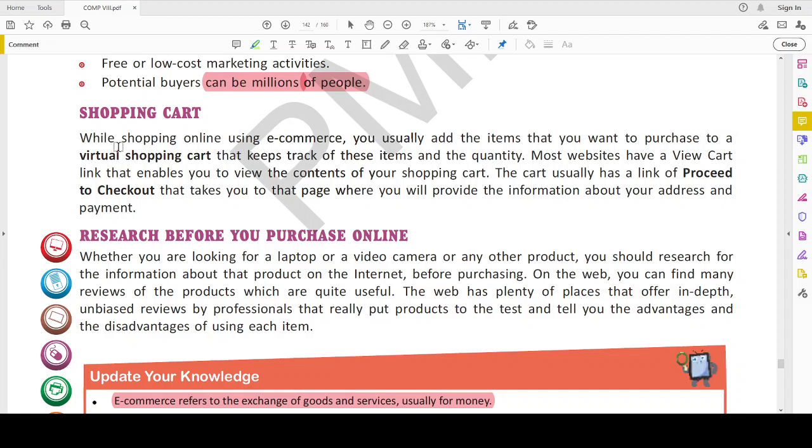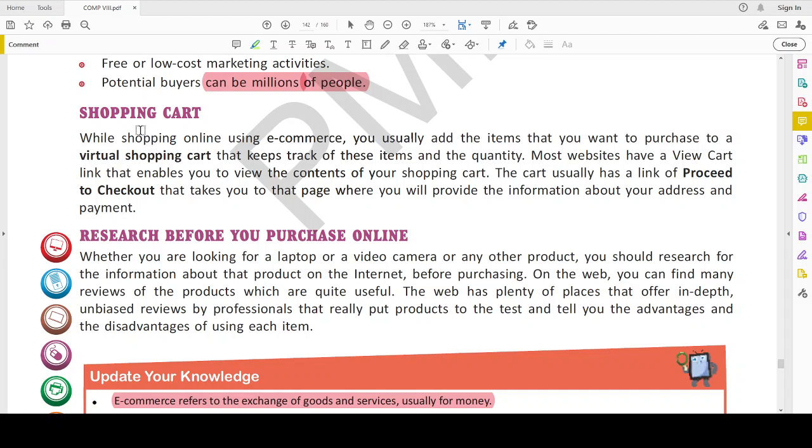What is a shopping cart? While shopping online, we select some products from the e-retailer's front or the website. We select the items that we want to buy and that are added to a bag. Remember, while going to a shop, we carry a bag to collect the items that are purchased.